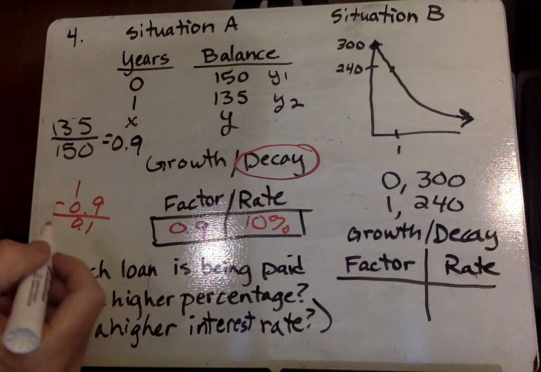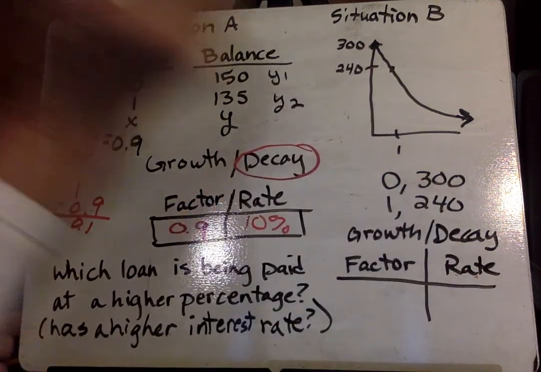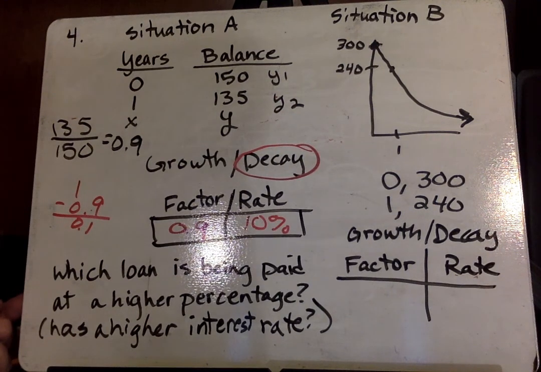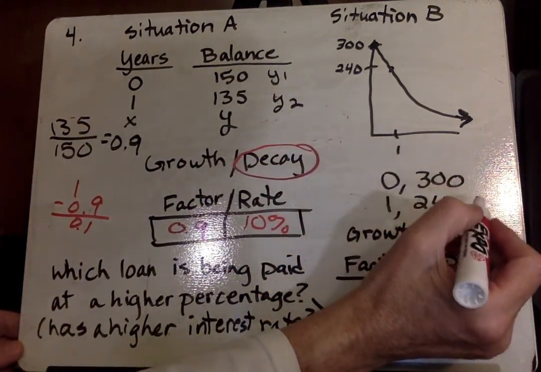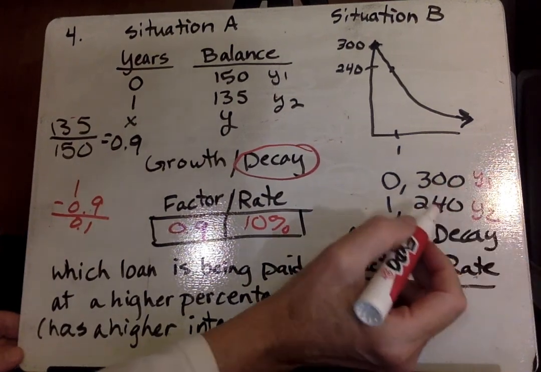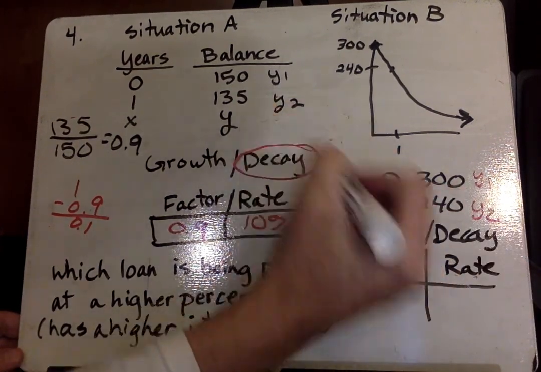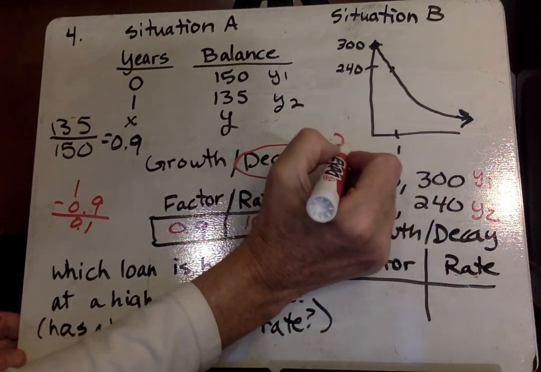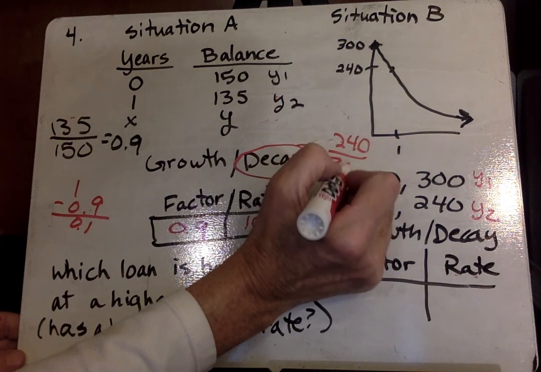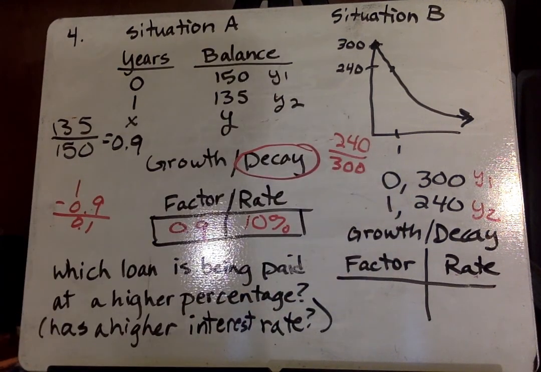Now we look at situation B, where at time 0, we have a $300,000 loan. After 1 year, they owe $240,000. So let's see what rate that is. This is Y2, and I'm going to divide it by Y1. Again, it has to be just 1 year increments when you use this formula. So I take 240 and divide it by 300. On the calculator, I get 0.8.